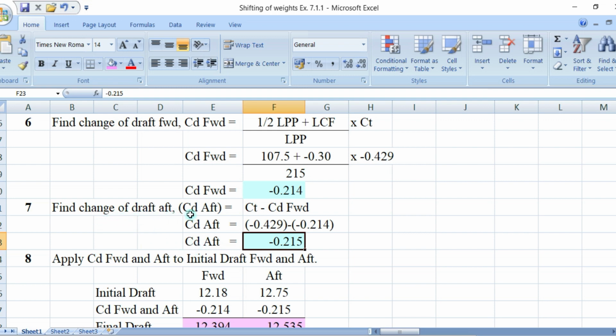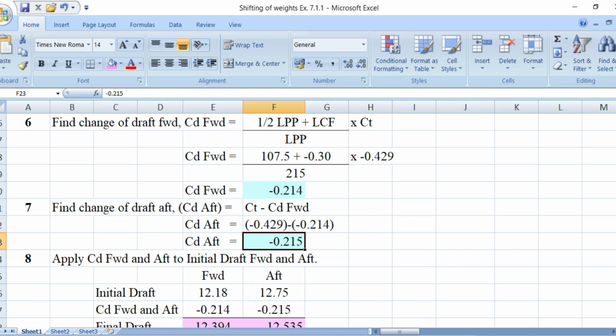The formula for getting the change of draft up is change of trim, which is negative 0.429, minus your change of draft forward, which is negative 0.214. So change of draft up will be negative 0.215.